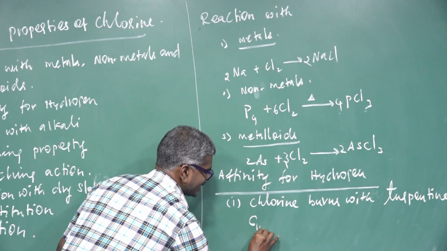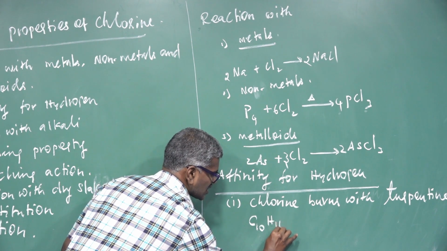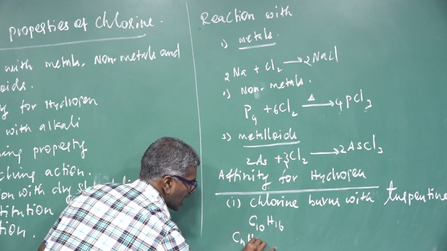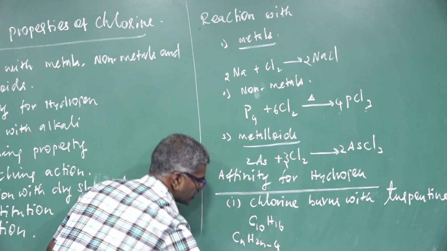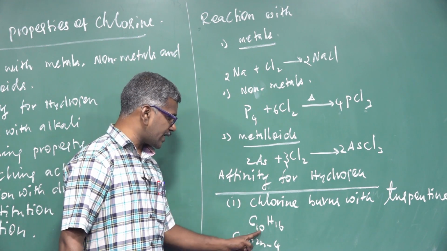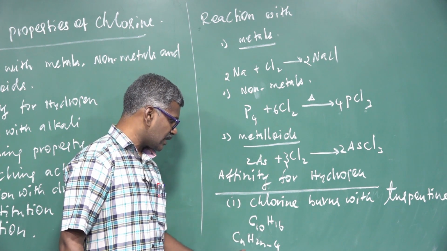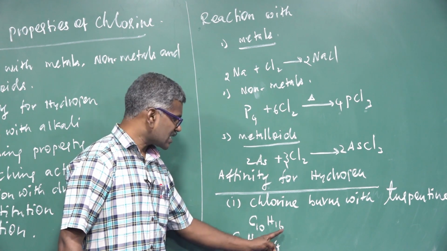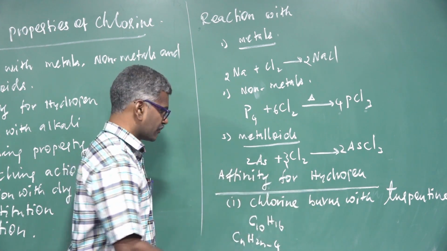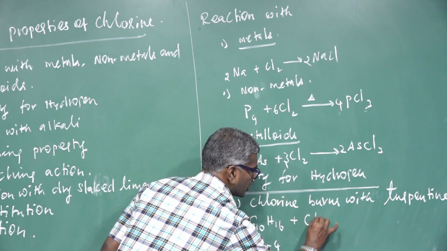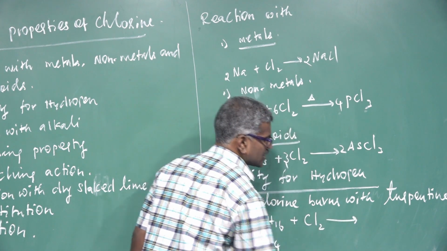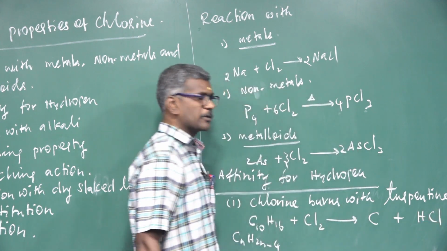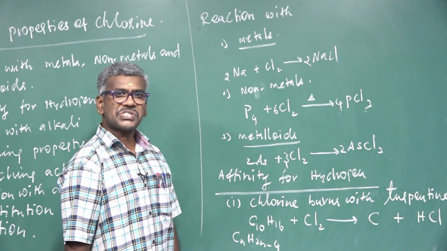The molecular formula is C10H16, that is CnH2n-4. Here n is 10, so C10, 2n means 20, minus 4, 16. This is the formula for turpentine. It reacts with chlorine, forming HCl and carbon. These are the products.